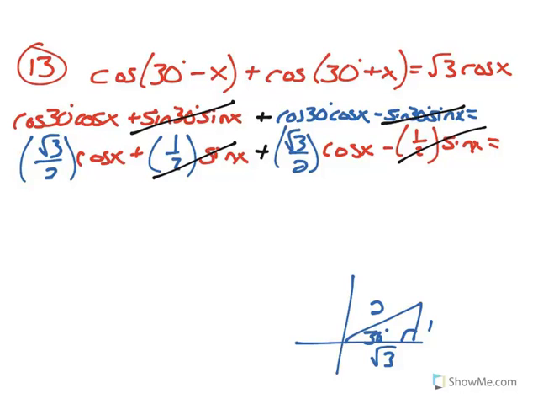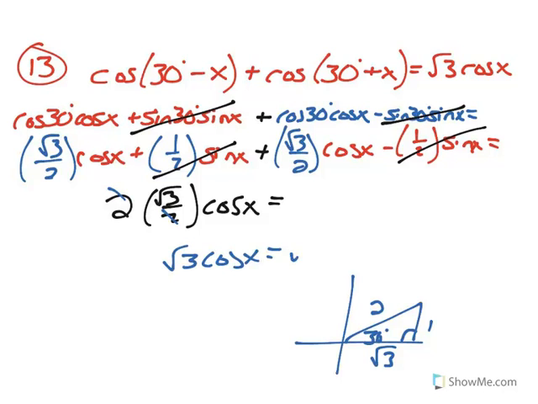And square root of 3 over 2 cosine of x plus square root of 3 over 2 cosine of x means we're going to have 2 of these square root of 3 over 2 cosine of x's. It's probably best if you combine those at the beginning. And then 2 divided by 2 is 1, so you get square root of 3 times cosine of x equals the right side, which is square root of 3 times cosine of x all along. So, finished.